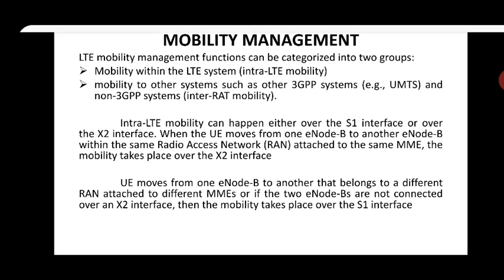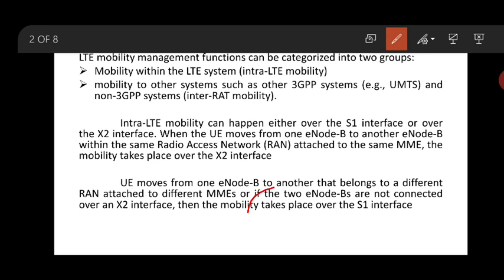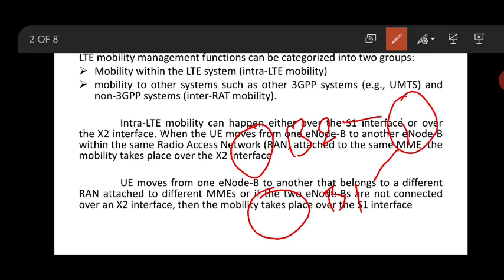Let us assume that your mobile phone is under the service of node B1, and there is one more cell formed by B2. Both the nodes are connected with the same RAN, the radio access network.